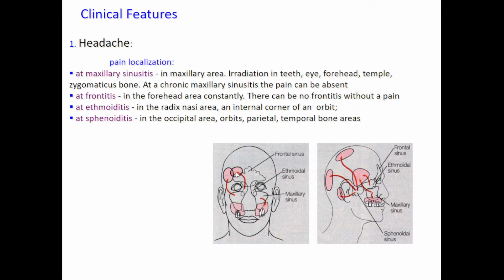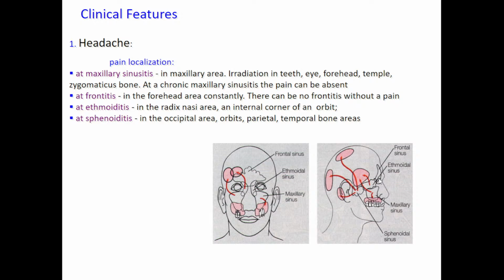In case of frontal sinusitis, the pain will be in the frontal region. In ethmoiditis, the pain will be in the radix of nasi, internal corner of the orbit. And in sphenoid sinusitis, the pain may be very different.